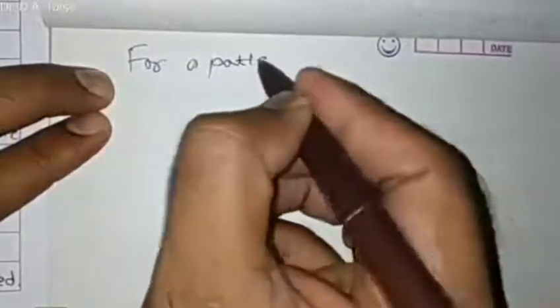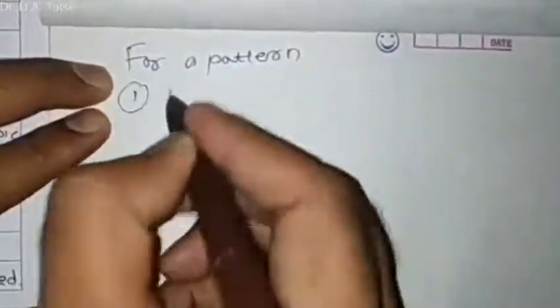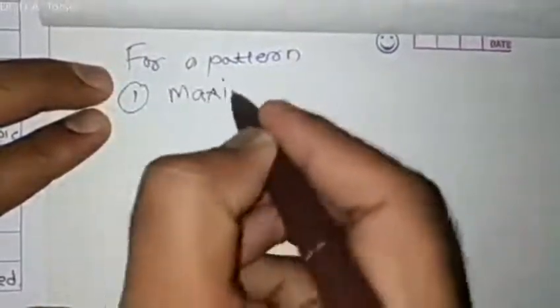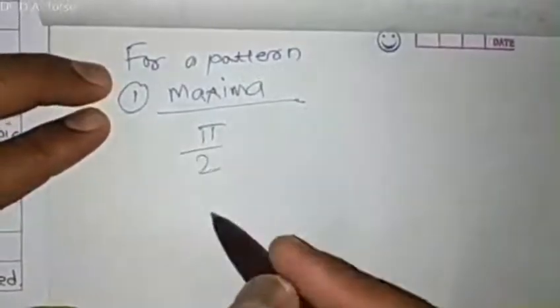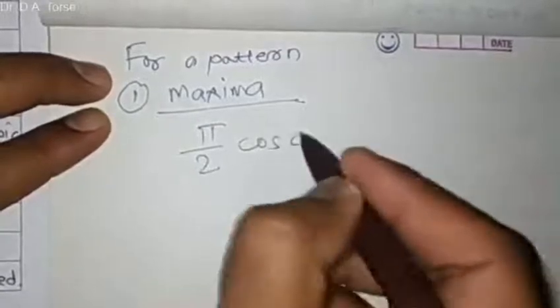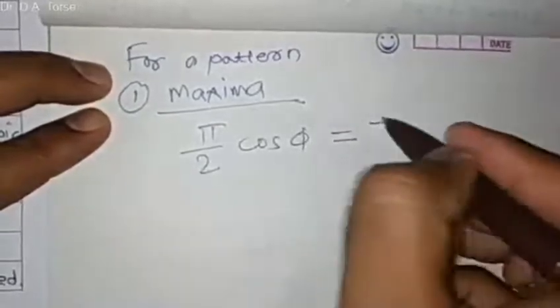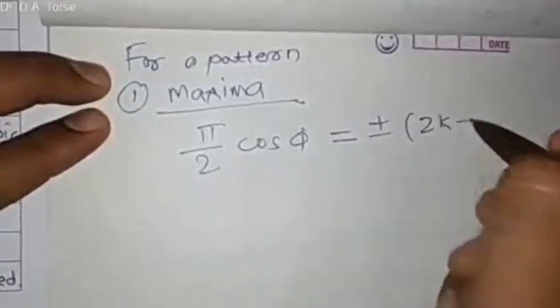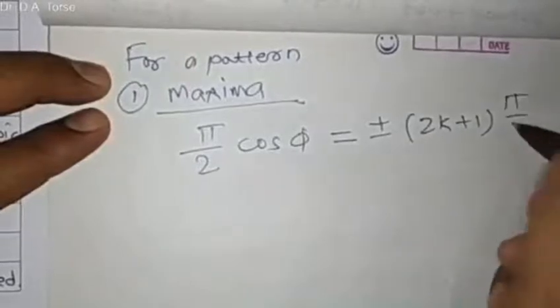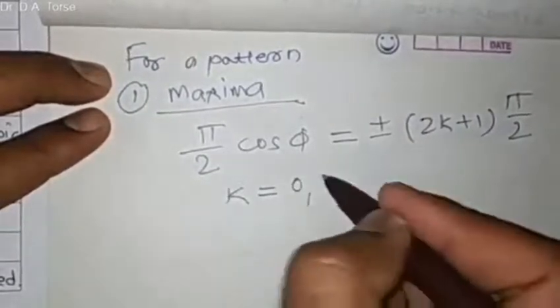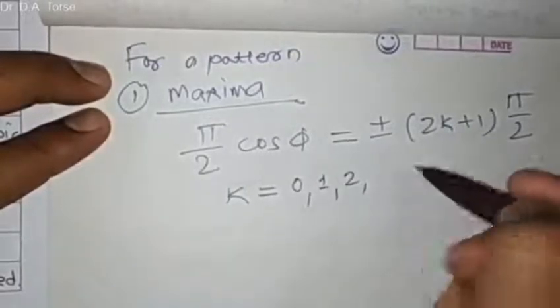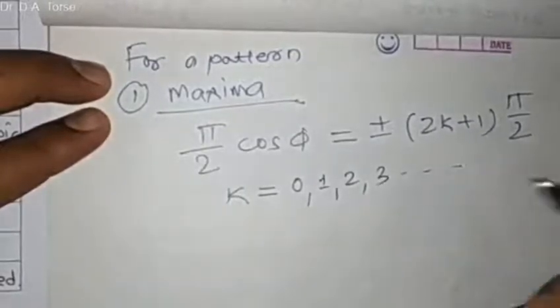For a radiation pattern, we need first the direction of maxima. So for maxima, the term inside the bracket, pi by 2 cos phi, needs to be plus or minus (2k plus 1) pi by 2, where k represents numbers from 0 to infinity.